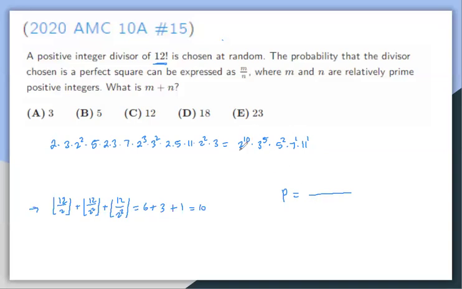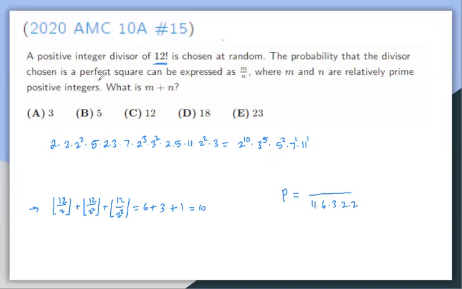Any power of 2, including the 0th power, all the way to the 10th power, would be a divisor, which means there are 11 options for 2's, so that's 10 plus 1. For the 3's, we have 5 plus 1, which is 6 options, because we have the 0th power of 3, first power, second, all the way to the 5th. So 6 options, and for 5, we have 3 options, and then 7 is 2, and 11 is 2. This is the number of divisors.